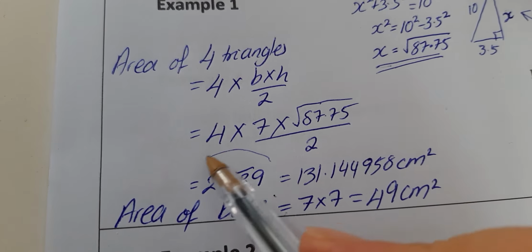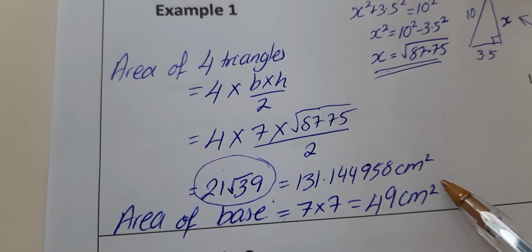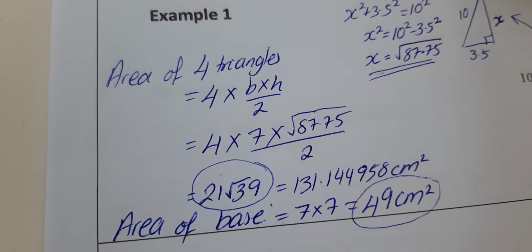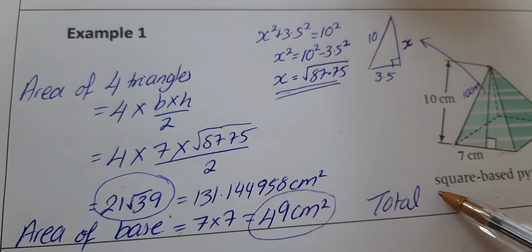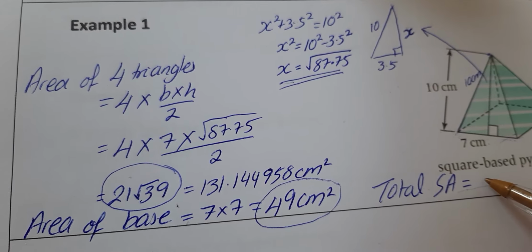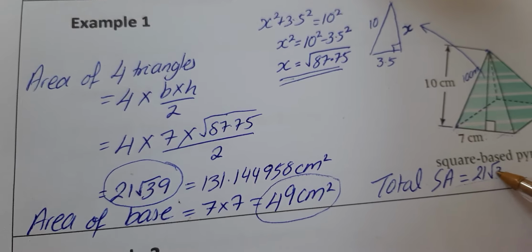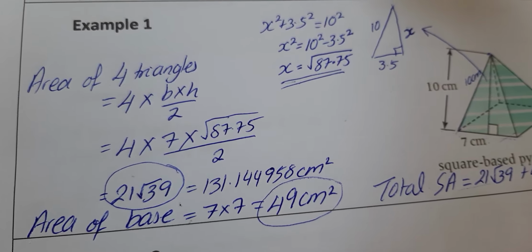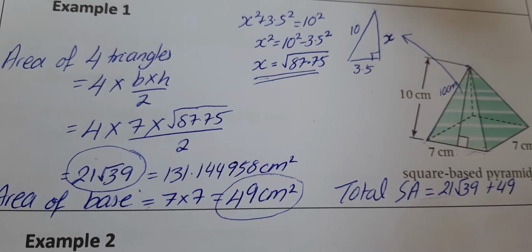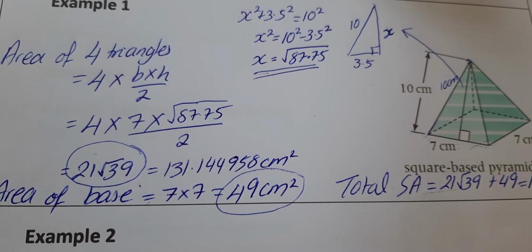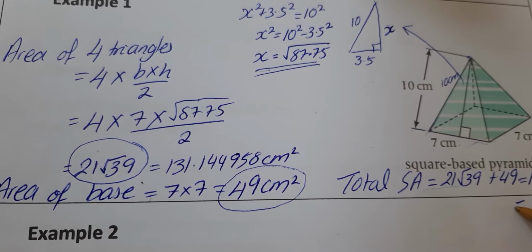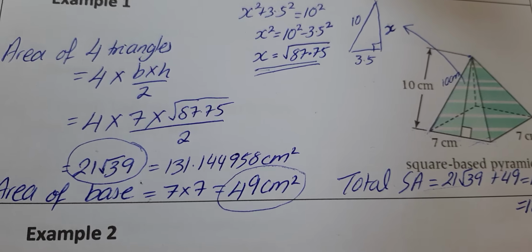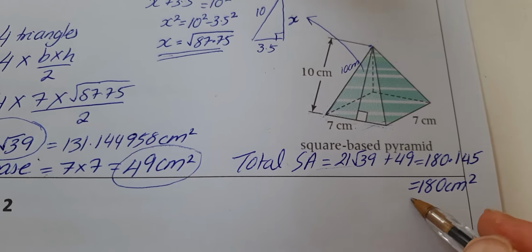So we'll add the 21 root 39, which is my accurate answer, plus the 49. I'll add them together, so the total surface area equals 21 root 39 plus 49, which will come to 180.145, or to 3 significant figures, that would be 180 centimeters squared is my final answer.